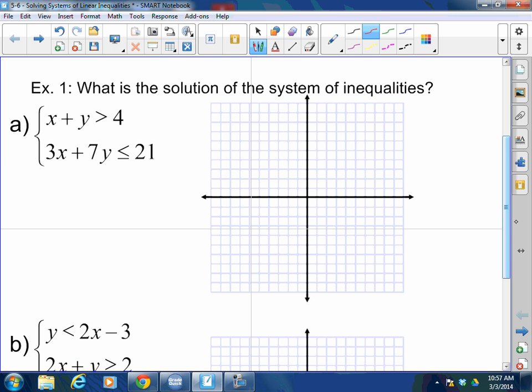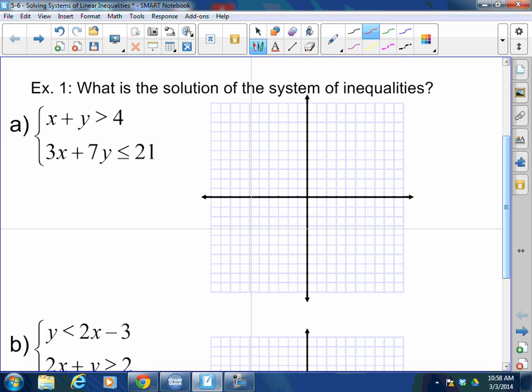What is the solution of the following systems of inequalities? For A, what do you think we should do here? For this particular case, you could solve for y, or if you realize this is in standard form and I can find the x and y intercepts very easily, you can do that as well.